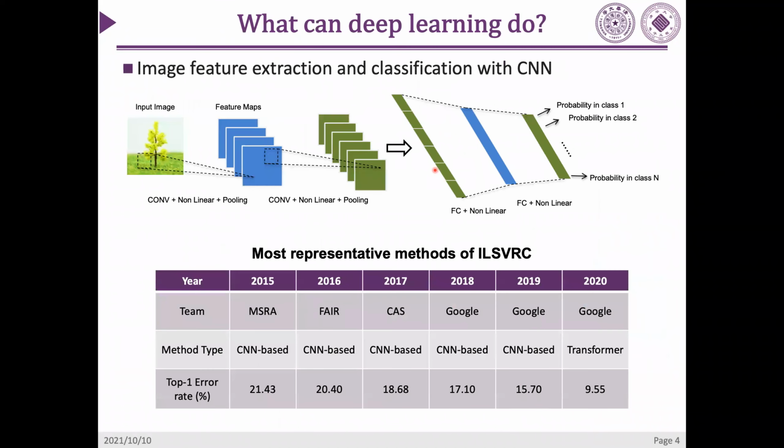So for example, the image feature extraction and classification, you can use CNN, and the most famous competition is based on the ImageNet, and we can see that with different neural nets, and last year with Transformer, the top one error rate becomes 9.55%. It's really amazing.